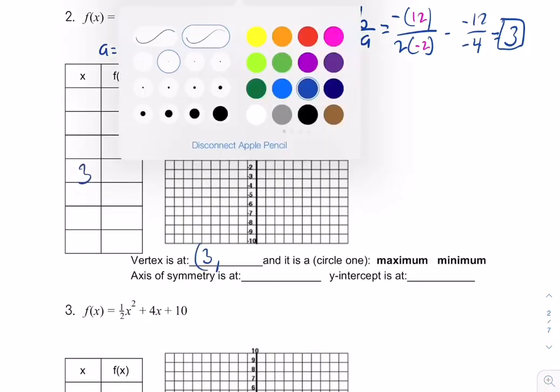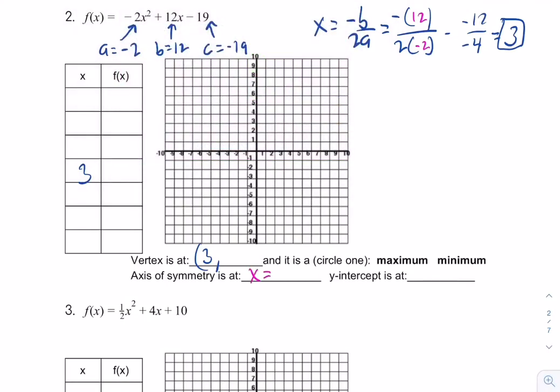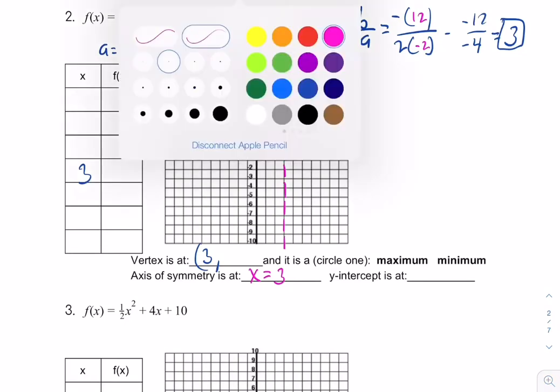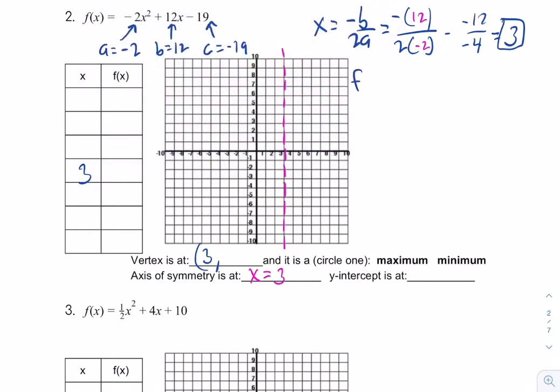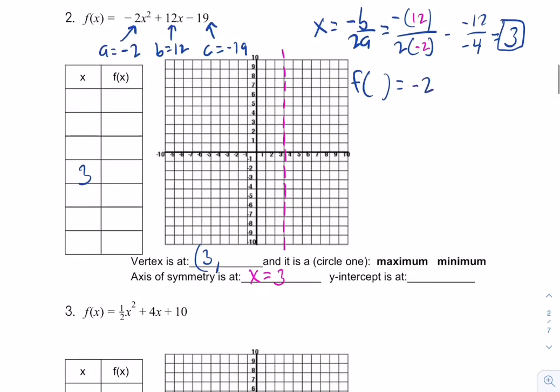Axis of symmetry is going to be that same number. X equals 3. And we can draw our line. X equals 3. Then we substitute that number into our equation. So f of 3 now. So we get -2 parentheses squared plus 12 parentheses minus 19. So we use 3.